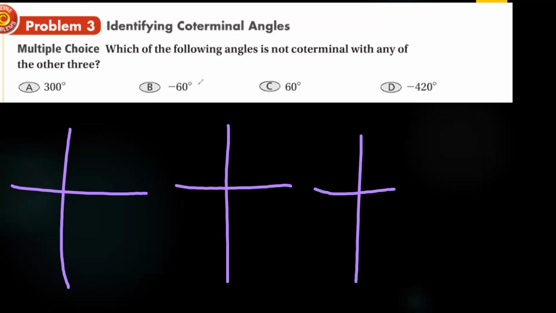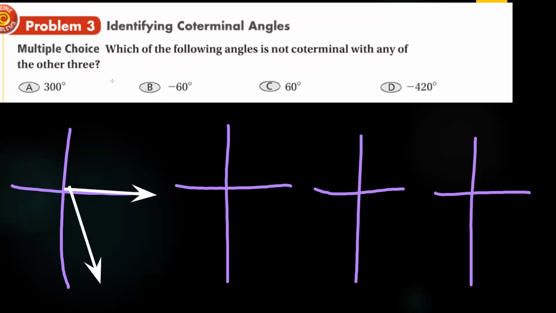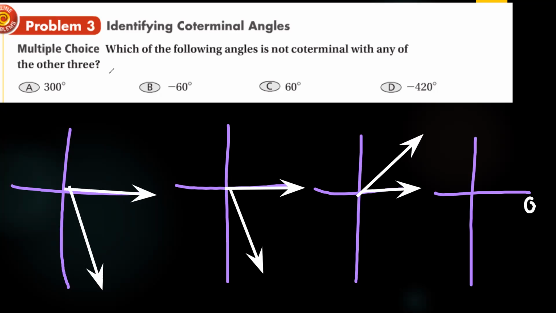So here we say that these are the angles. The angle of 300 will be here. Of negative 60, it will be here. Of 60, it will be here. Now let's draw negative 420. As I told you, we have 0, negative 90, negative 180, negative 270, and negative 360.